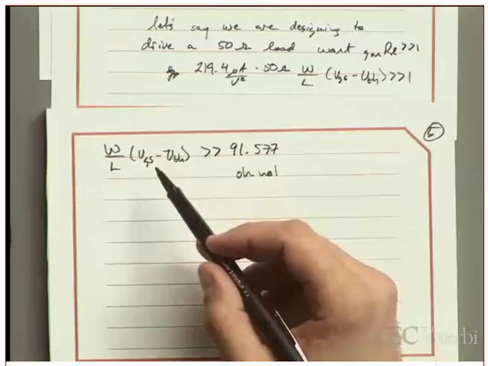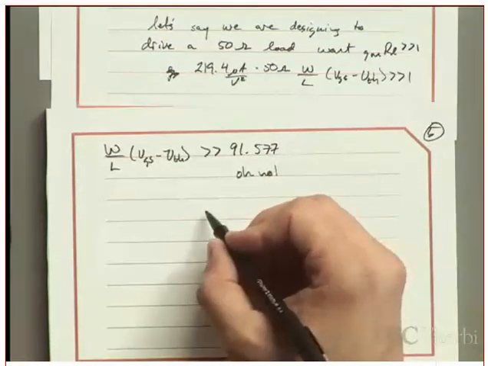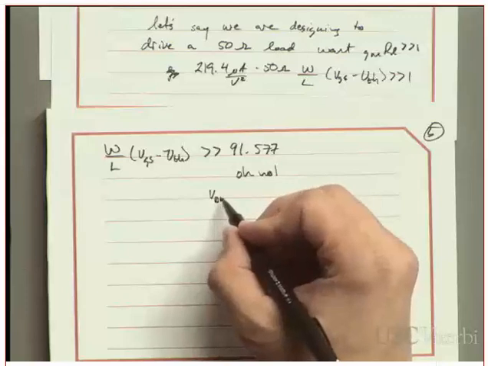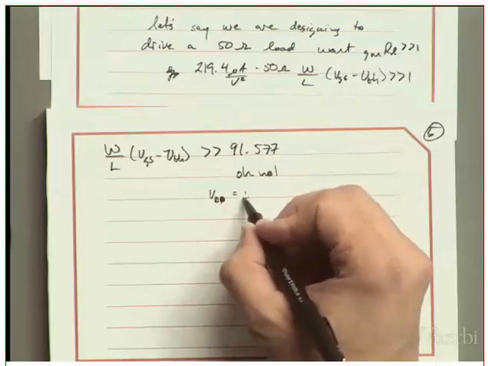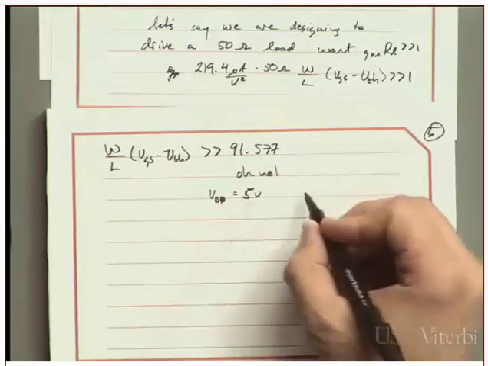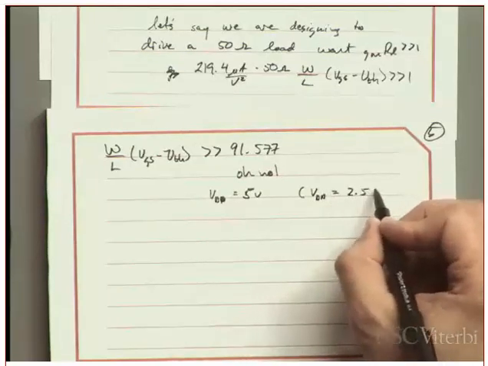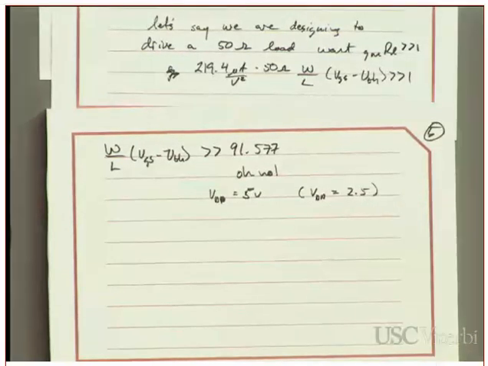If there's a large source voltage available, usually maybe VDD is 5 volts, but if you were working in smaller technology, VDD might be 2.5 volts.